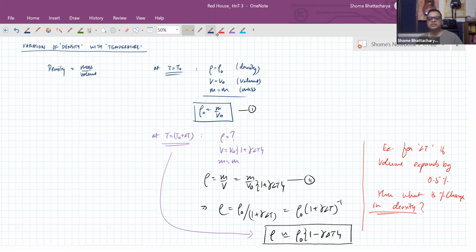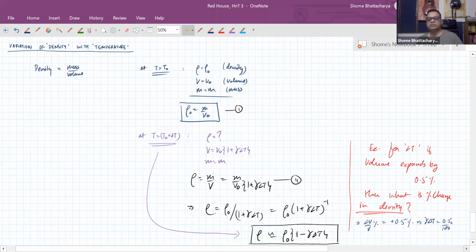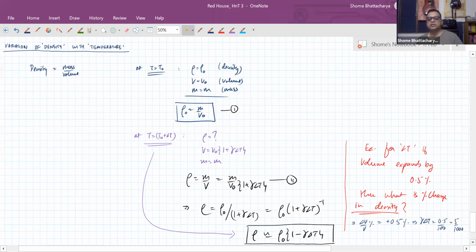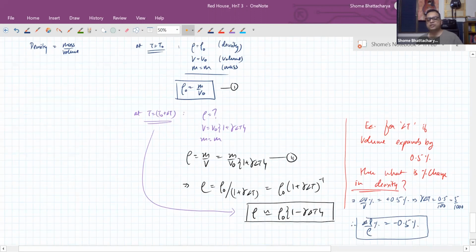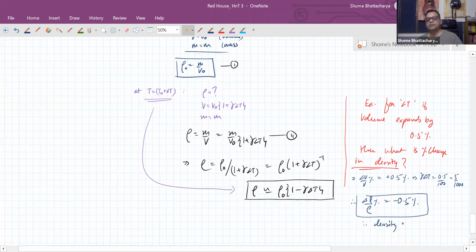This basically means that delta V by V in percentage is plus 0.5%, which means that gamma delta T is 0.5 by 100, or 5 by 1000. Therefore, delta rho by rho will become minus 0.5%. Or the density will decrease by 0.5% when the volume expands by that much.